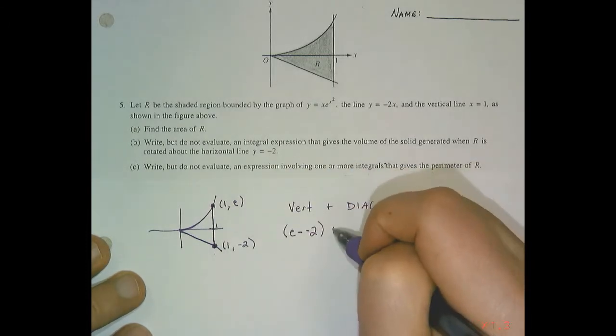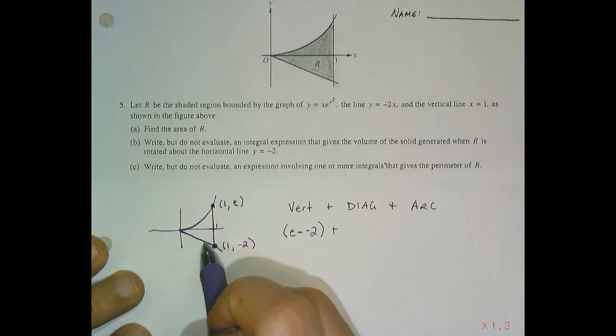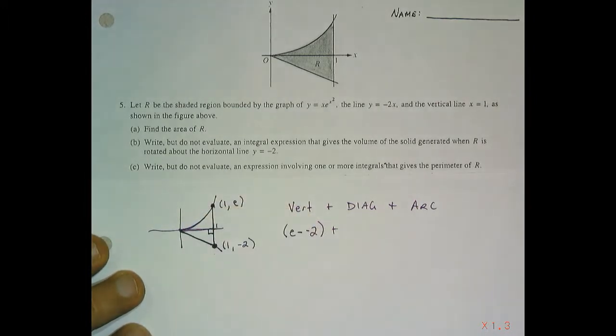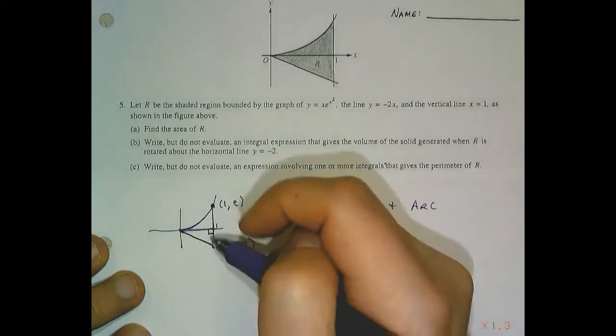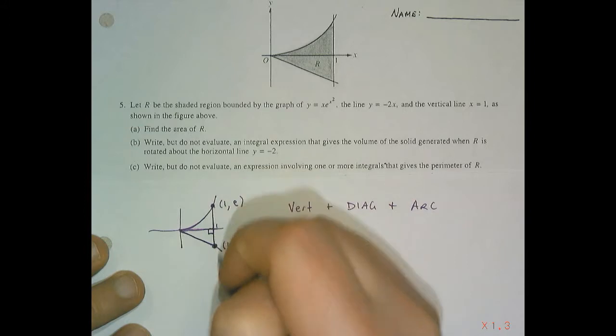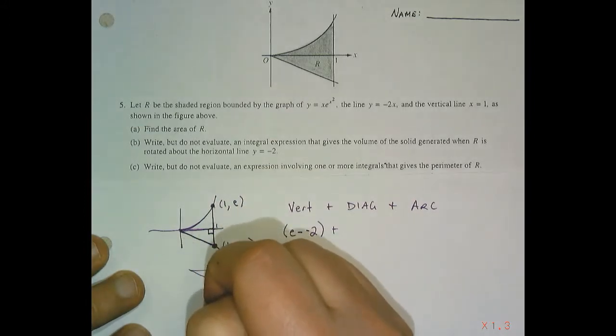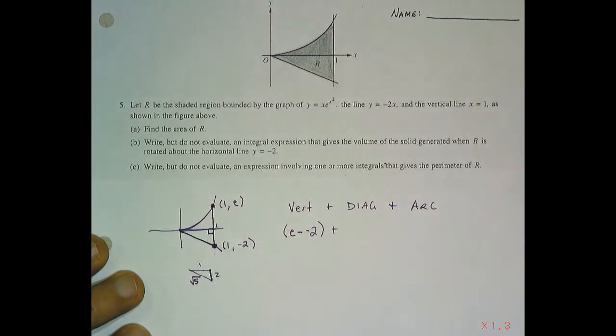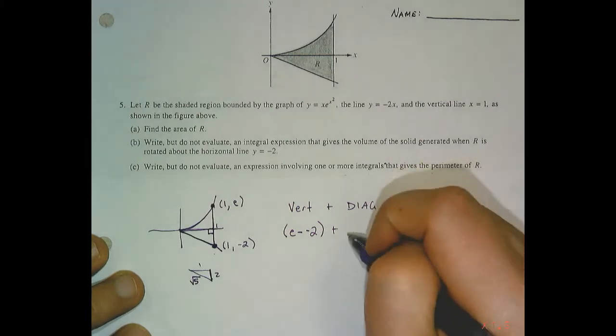Our diagonal line is the hypotenuse of a right triangle, specifically a right triangle that is 2 units down and 1 unit across. So if we think about a triangle that's 2 by 1, by the Pythagorean theorem we can find that the third side is root 5. So our diagonal is root 5.